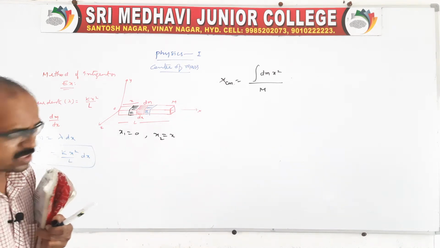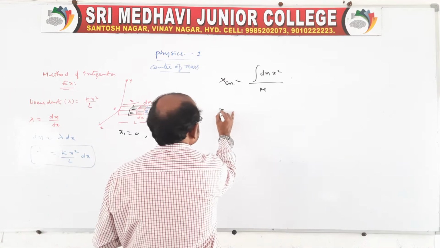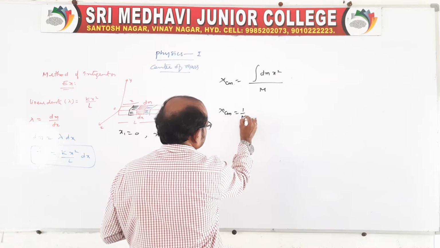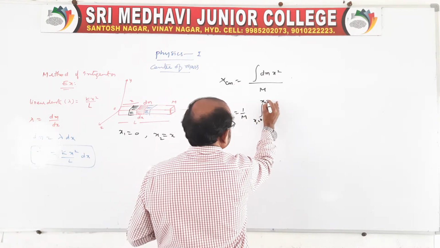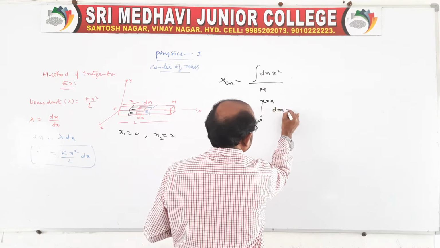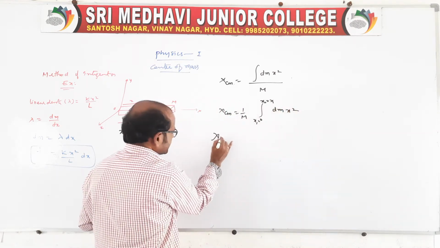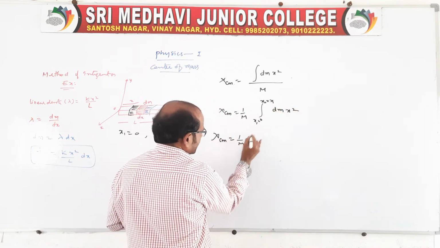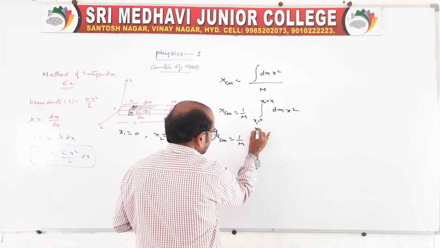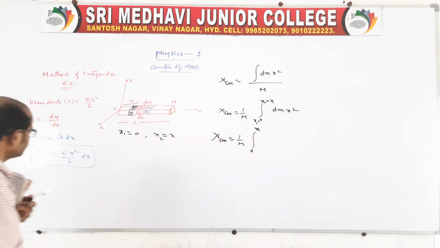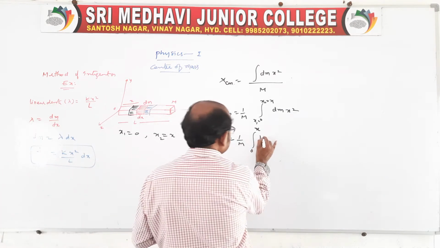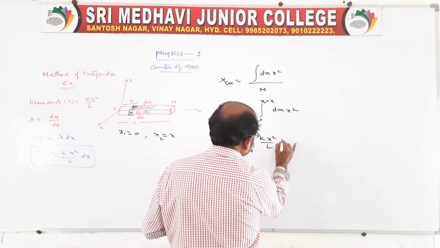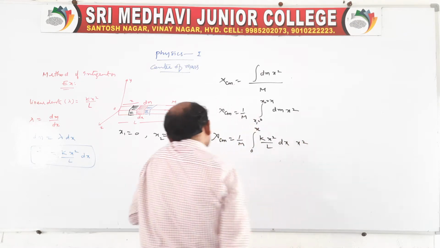So xcm is equal to 1 by capital M, from 0 to x, dm we know, it is kx square by L into dx, into x.